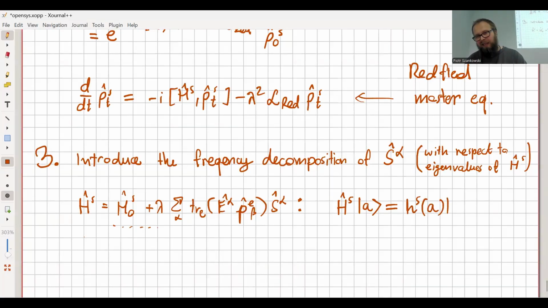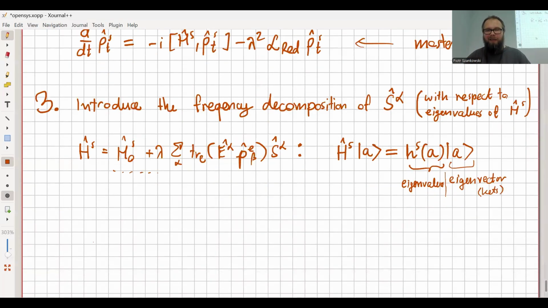So these are the eigenvectors, or eigenkets, and these here are the eigenvalues, energy levels if you wish. And now, with those eigenvalues, we will define frequencies.